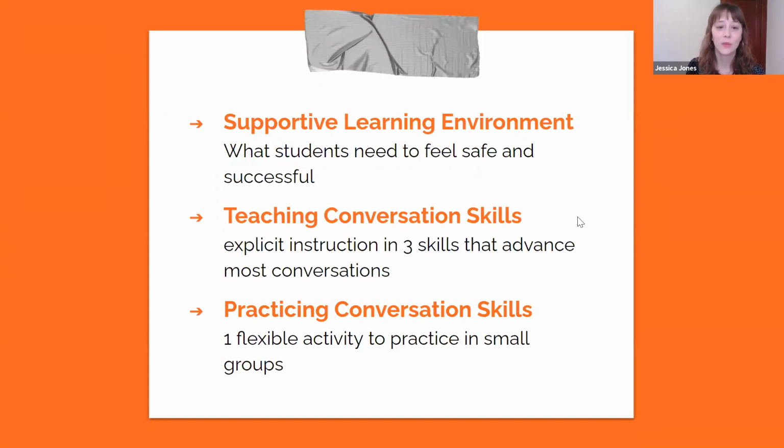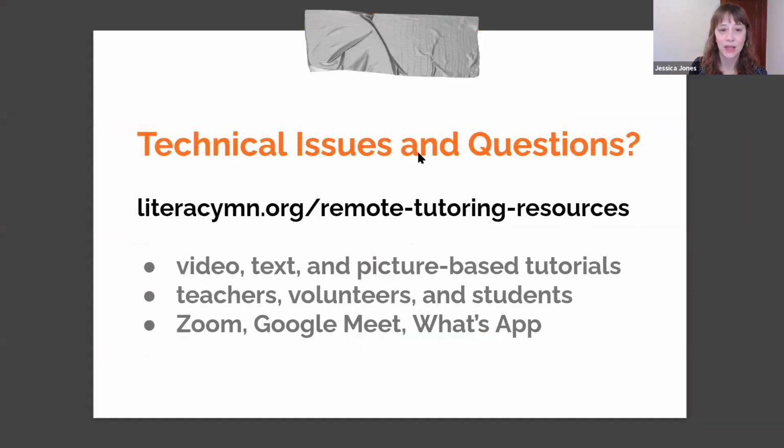And then we're going to show you one flexible activity and a bunch of different ways to adapt that activity in order to practice those three conversation skills. We're also going to spend a little time talking about what makes for good questions or prompts in conversation.